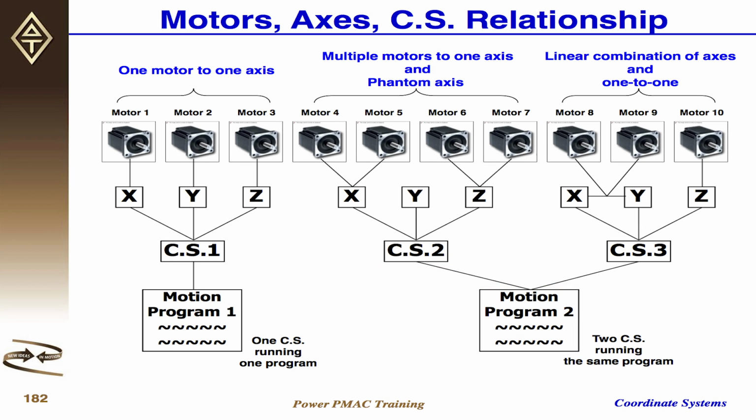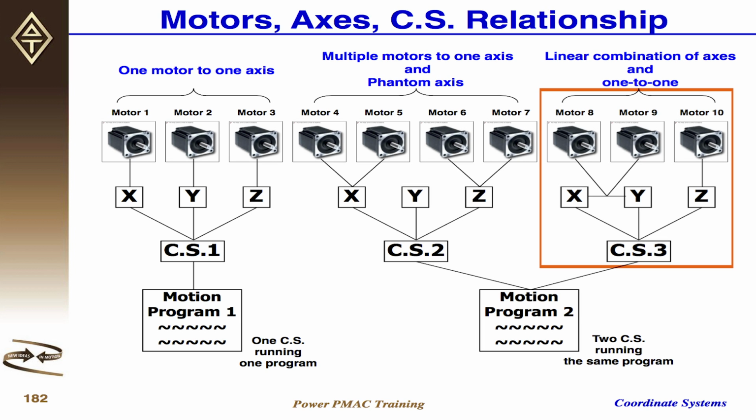Now we also have on the far left a third coordinate system, coordinate system 3, again with X, Y, and Z axes. The Z axis is controlled by motor 10, straightforward 1-to-1 with some scale factor theoretically, or an offset, or a couple different things, but it's a linear relationship. Now, motors 8 and 9 are combined together to control axes X and Y, which means if you move just X or just Y, you have to be prepared for both motors 8 and 9 theoretically to move.